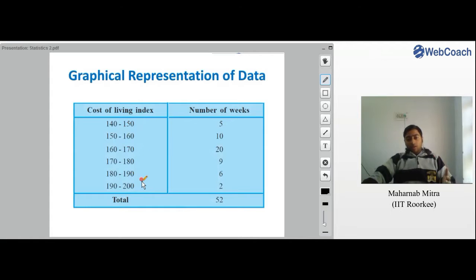Now let us see an example. Here also we are given continuous data, and you can see all the classes have the same class size, right? All the classes have class size 10. So we don't need to think too much about drawing the histogram, because all of the rectangles will have the same base. Now the corresponding frequencies have also been given.